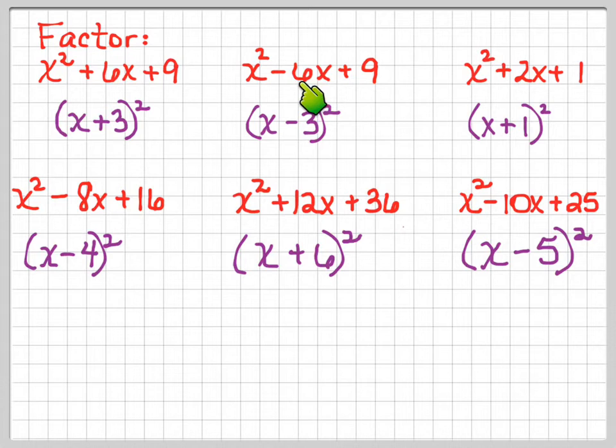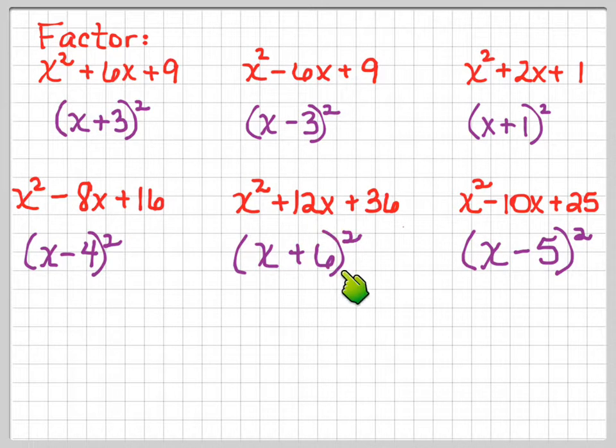So again, half of negative 6 is negative 3. Negative 3 squared is 9. Half of 2 is 1, and 1 squared is 1. Half of negative 8 is negative 4, and negative 4 squared is 16.